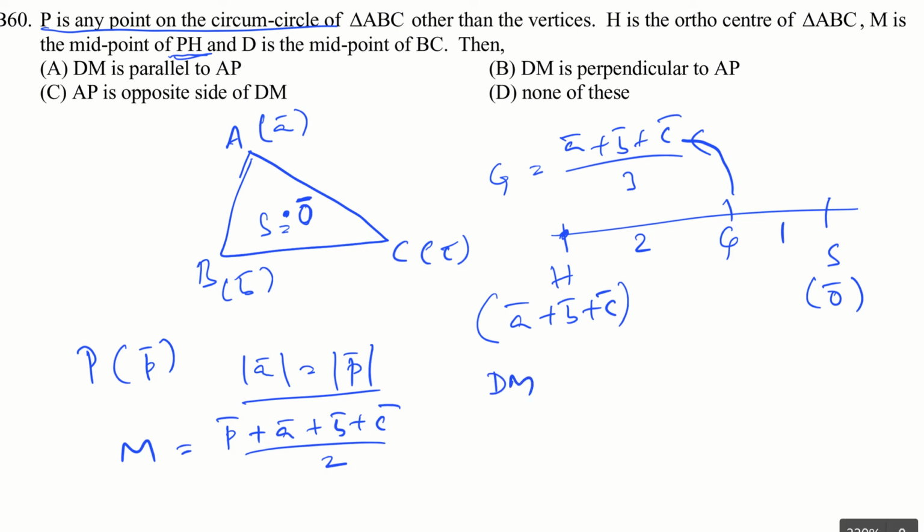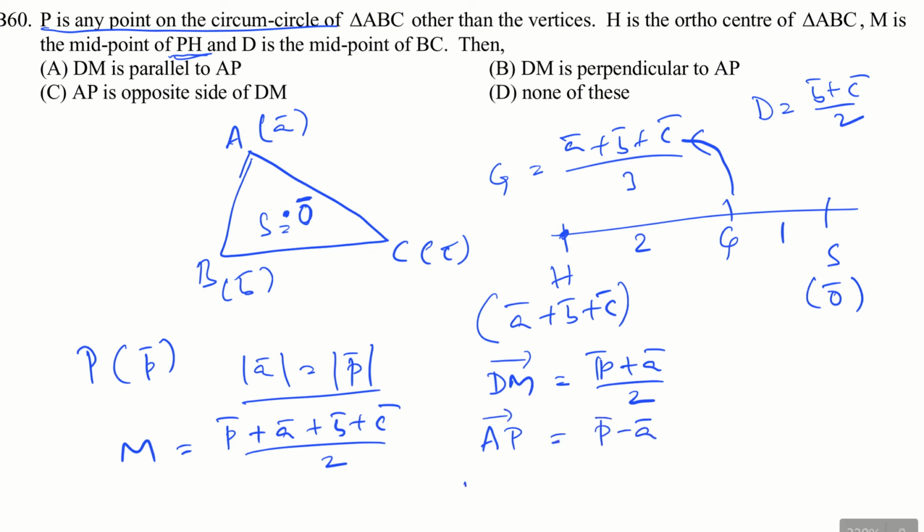The vector DM bar, if I write, it is nothing but, okay, first of all observe that D is the midpoint of BC, therefore the position vector of D is nothing but B bar plus C bar by 2. Therefore DM bar is nothing but P bar plus A bar by 2 I get. And AP bar is nothing but P bar minus A bar.